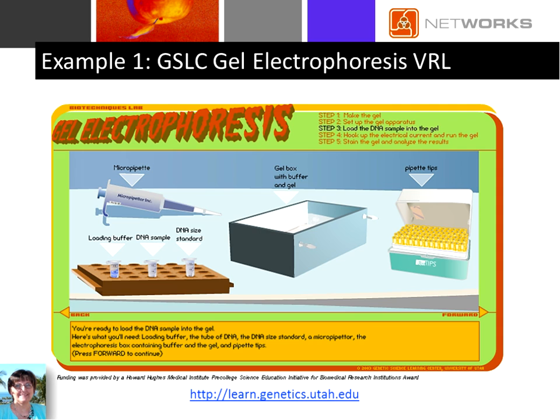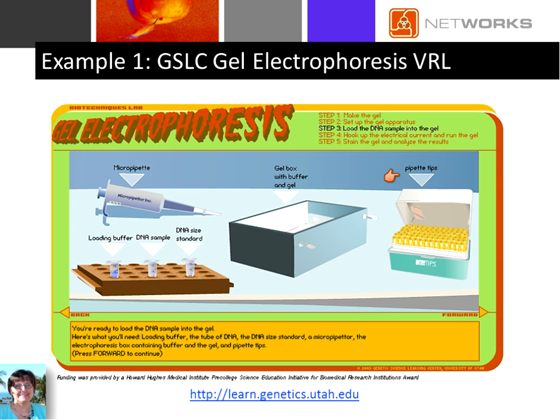And you'll have different gadgets that are related to gel electrophoresis. Students are instructed down here at the bottom of what they need to do. They have some interactive elements here as well. They can grab the pipette and pipette the buffers and the DNA samples and the standards.